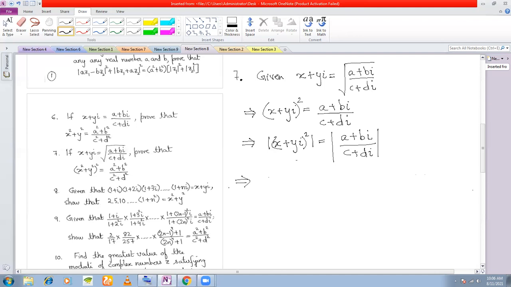We are going to use the property of modulus that the modulus of the square of a complex number is equal to the square of the modulus. That means you can write this as mod of x plus yi whole square is equal to, and you can distribute mod between these two.